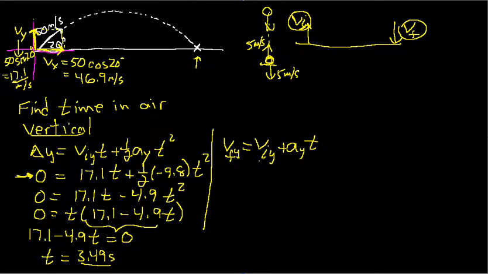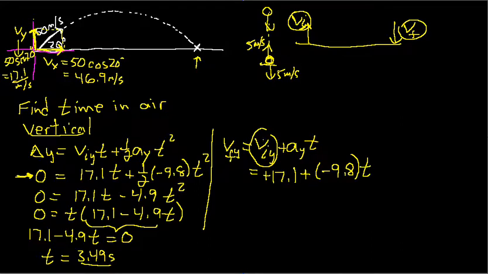Well, what's the initial velocity? The initial velocity here is what we calculated right here. That's 17.1, and it's plus because it's going upward. What's the acceleration? Negative 9.8. We don't know time.